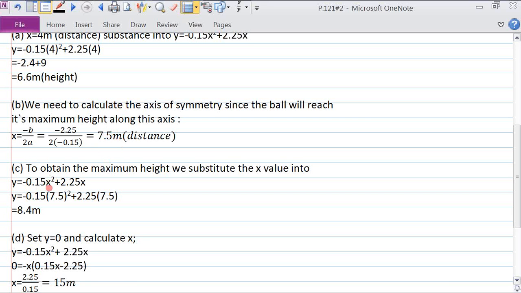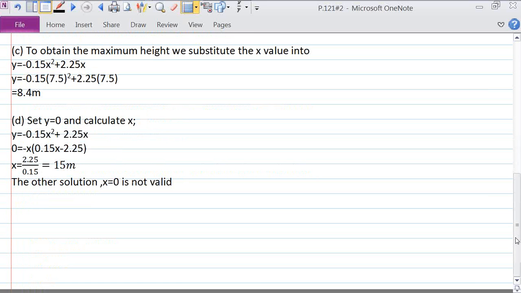So instead of x squared, I'm going to write 7.5 squared plus 2.25 times 7.5. When you work this out on a calculator, it comes out to be 8.4 meters. Because this term will be positive, but this term will be negative. If you sum, it will be 8.4 meters.